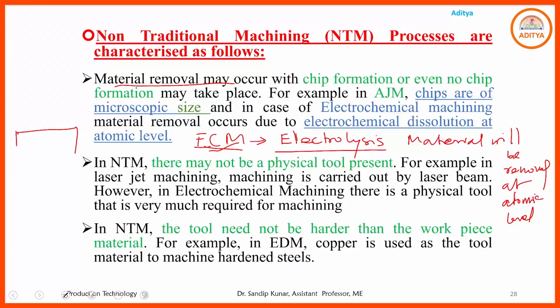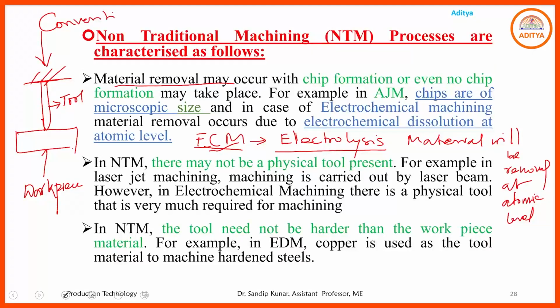Consider that this is the workpiece and that is the tool, fixed in some other conventional machine. In conventional machining processes, physical contact is present between the tool and the workpiece.